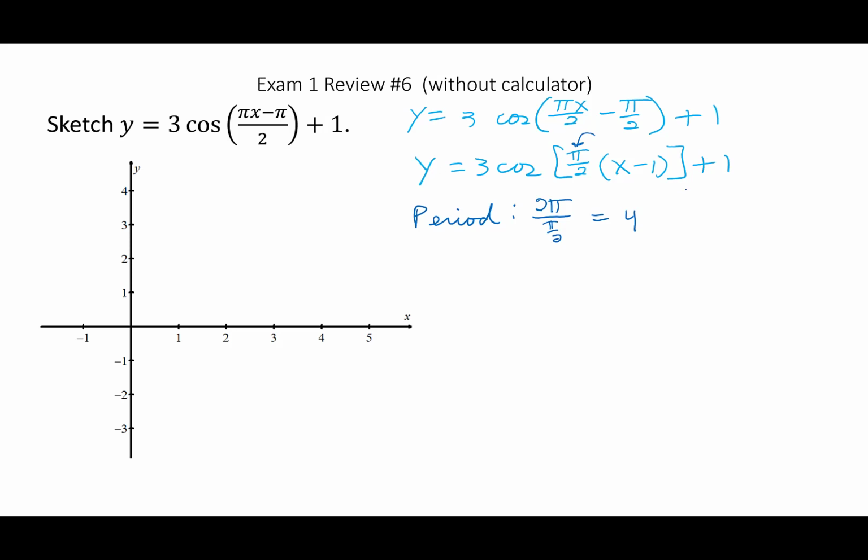And the next thing I'll look at is if I think of y equals 3 cosine of pi halves times x minus 1. Well, actually, if we just started at this step right here, I'm going to think of y as being equal to 3 cosine of omega x minus phi plus b.